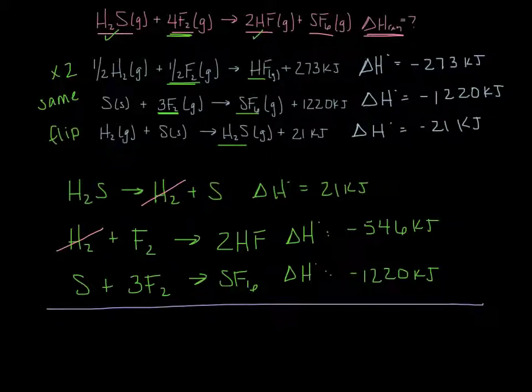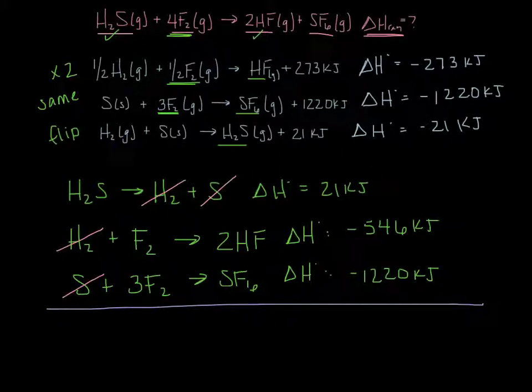And my F2 isn't anywhere on my product side, so that doesn't cancel. Move down to my S. I have an S on my reactant side and on my product side, so that cancels out. 3F2. I don't have any F2s on my reactant side, so it doesn't cancel out.